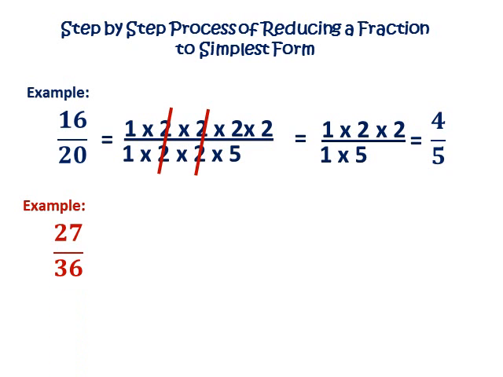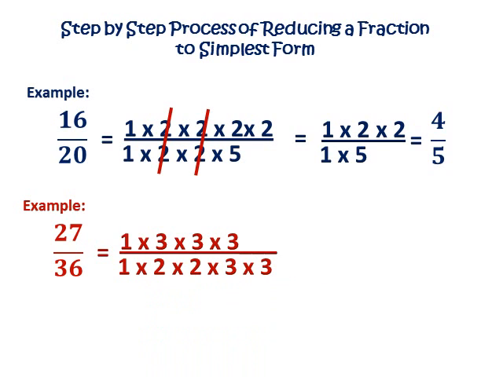Okay, 27 over 36. Are these prime or composite numbers? Both of them are composite numbers because they both have other factors than 1 and themselves. So let's completely factor these numbers out. For 27, that's 1 times 3 times 3 times 3, and then the factors of 36. The next step is to cross out the common factors except for 1.